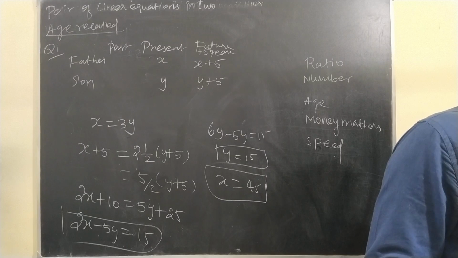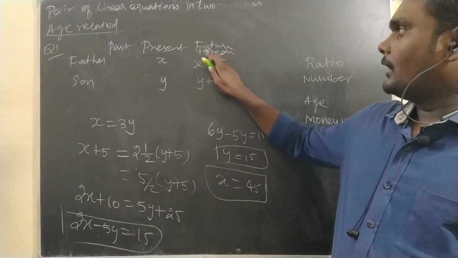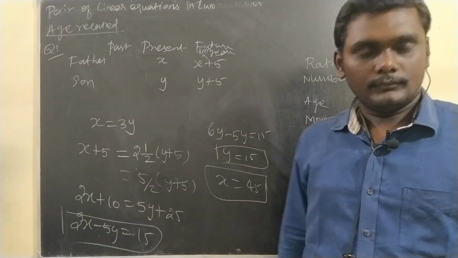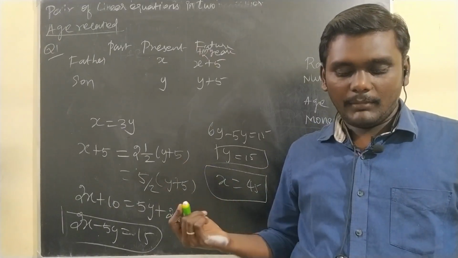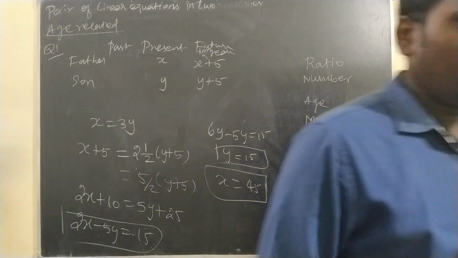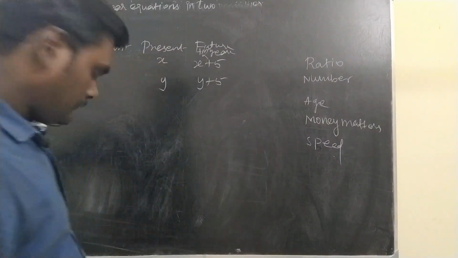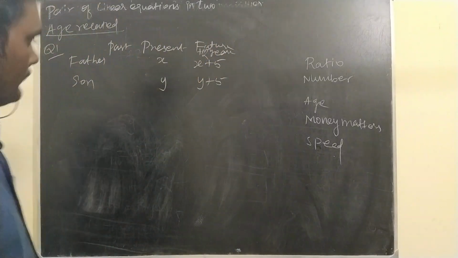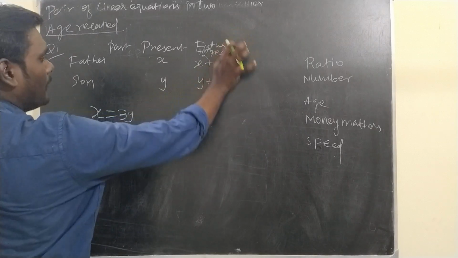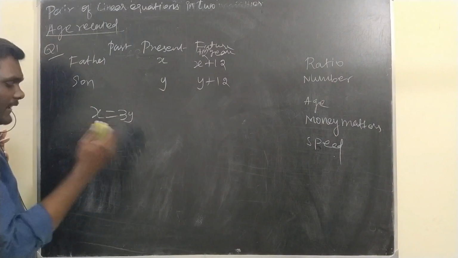A father is 3 times as old as his son. After 12 years, here the future is 12 years. After 12 years, his age will be twice that of his son. Then x is equal to 3y, equation 1. So instead of 5 we can use 12. His age, whose age?